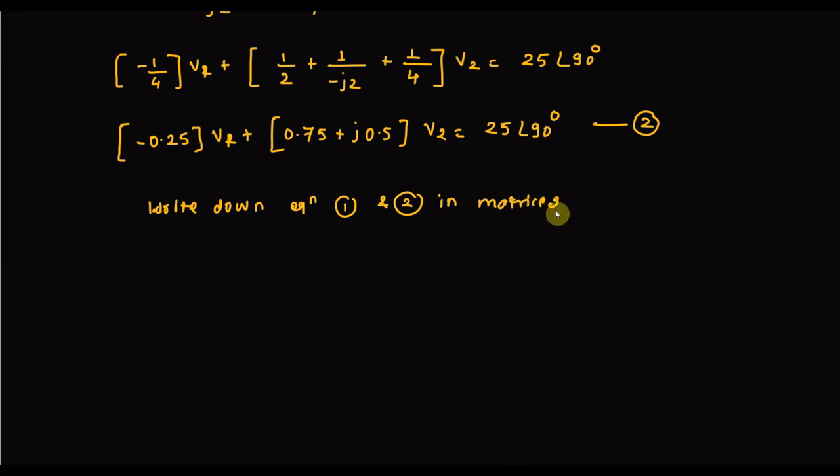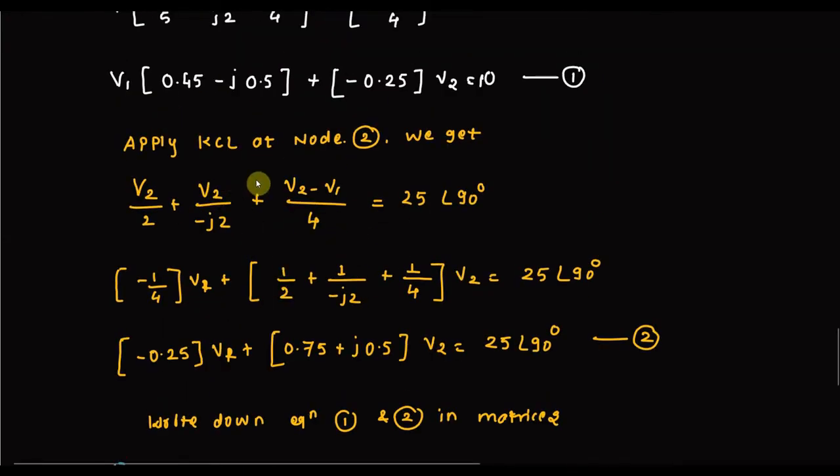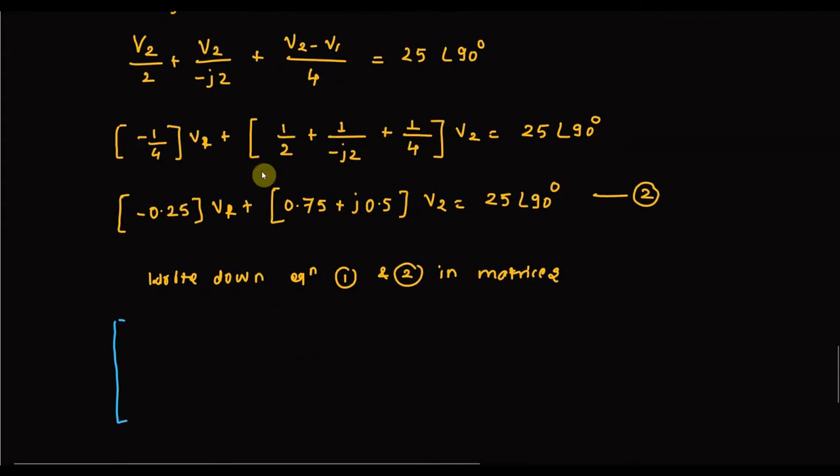The purpose of writing this in matrices is so that we can easily apply Cramer's rule. We have studied Cramer's rule. So the first equation is 0.45 minus j0.5, here it is minus 0.25.